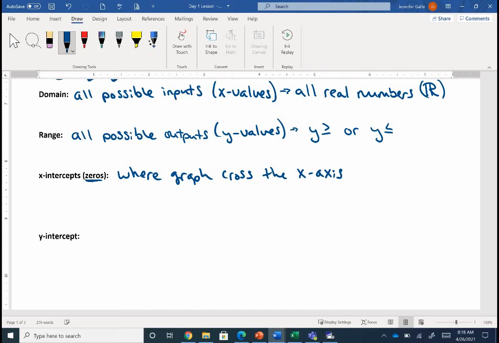So it's where the graph crosses the x-axis, and again, we kind of refreshed on finding that x-intercept last week with standard form of a linear equation, and that's where we put 0 in for y and solve for x.